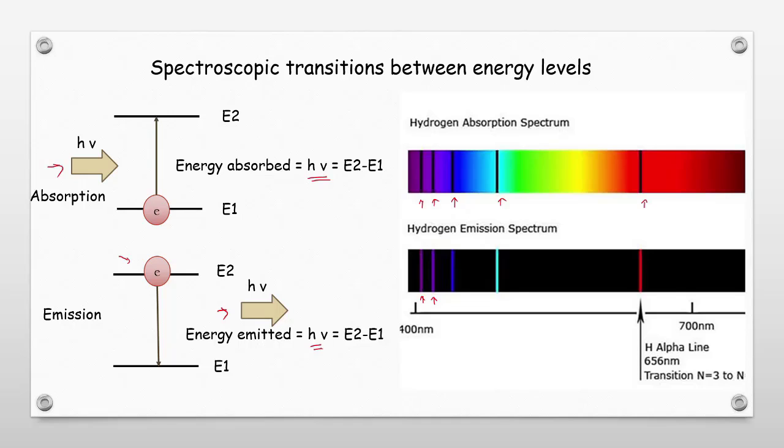In atoms, the transition is taking place between the different electronic energy levels present in an atom. When we deal with molecular spectroscopy, the transition is taking place between the different electronic energy levels present in a molecule. We will see that later on.